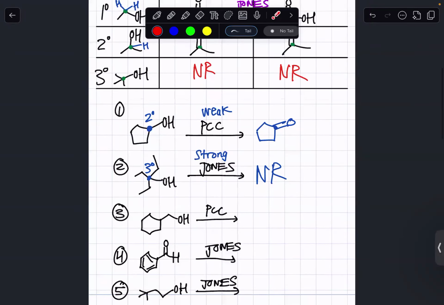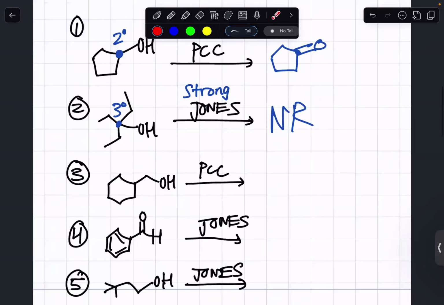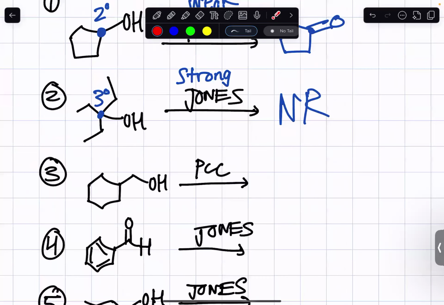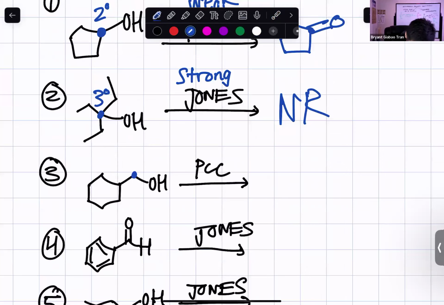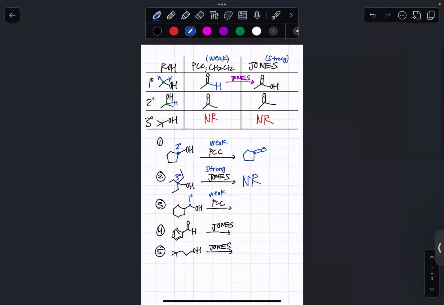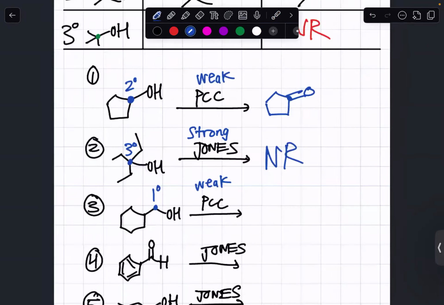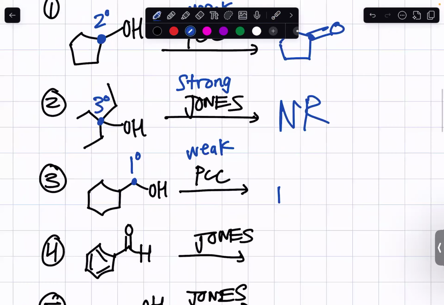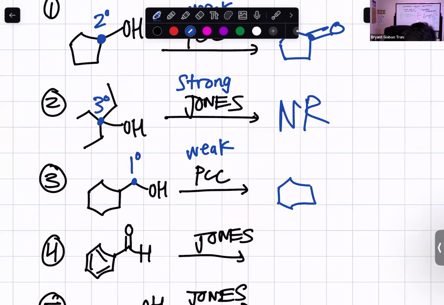Okay. The next one, that one would be a primary, and then PCC, so it's weak. Would it form a double bond with oxygen and then still have one hydrogen left, but the other one would go away? Yes, right.